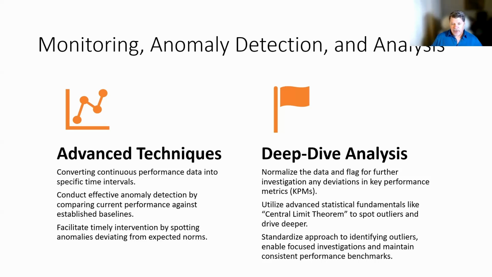There are other techniques that we can use, and doing some of the deeper dive analysis is where we start to look at the key performance metrics, not the key performance indicators. The key performance indicators point us to an area that needs to be looked at, but the key performance metrics are those measures that are associated with and contribute to the value of the KPI.